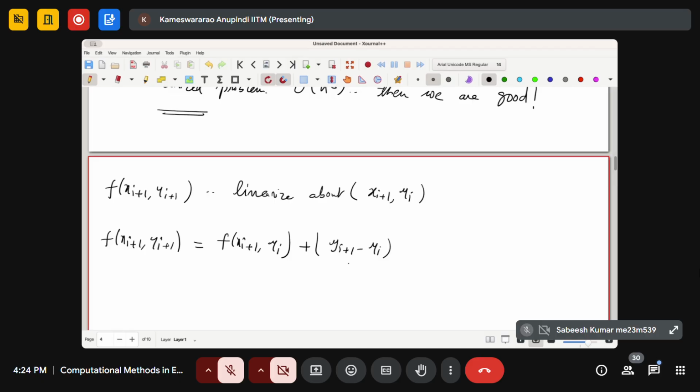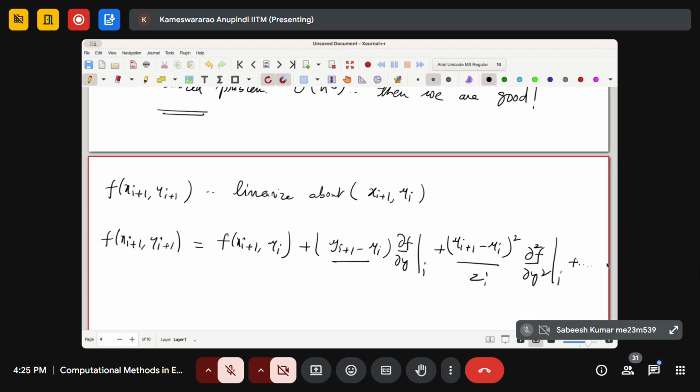The h is supposed to be x_{i+1} minus x_i, but then we are not linearizing about x_{i+1}. We are leaving x_{i+1} as it is. So that is why we're getting y_{i+1} minus y_i. And then this is going to be partial f by partial y about i, plus (y_{i+1} minus y_i) whole square by 2 factorial times partial square f by partial y square about i, and so on.